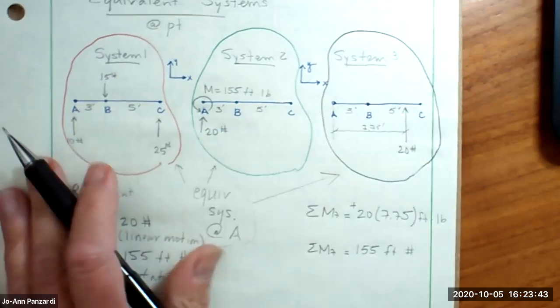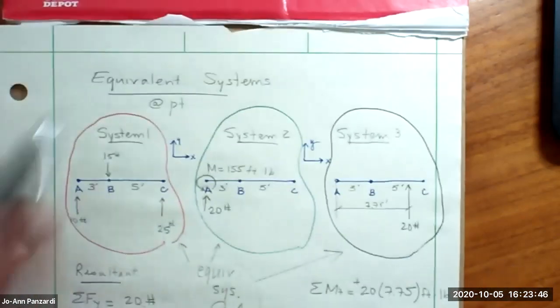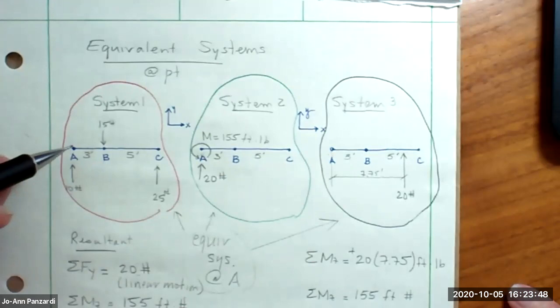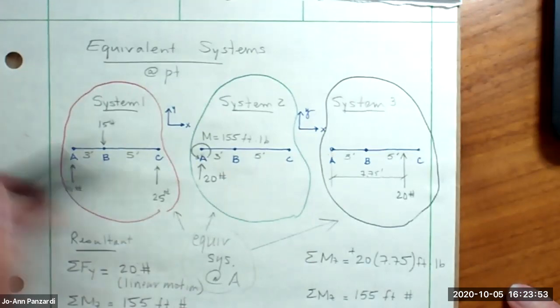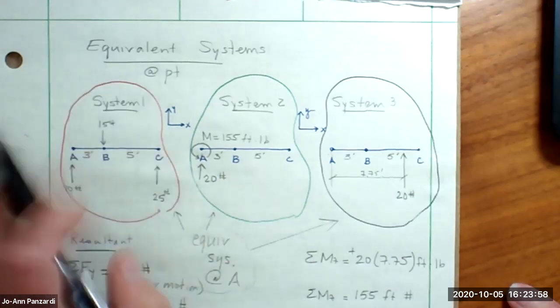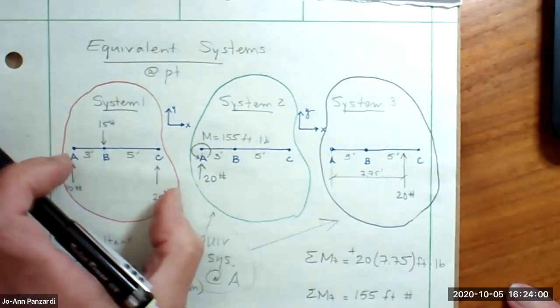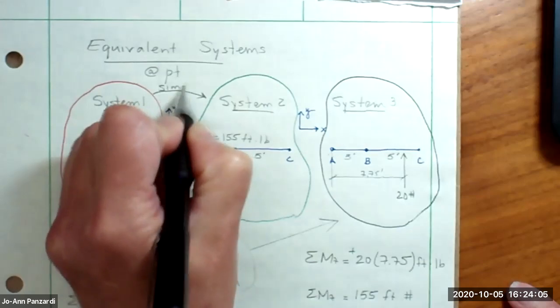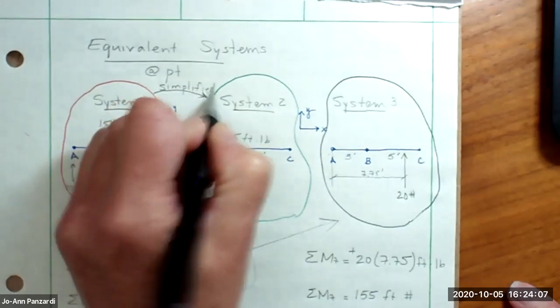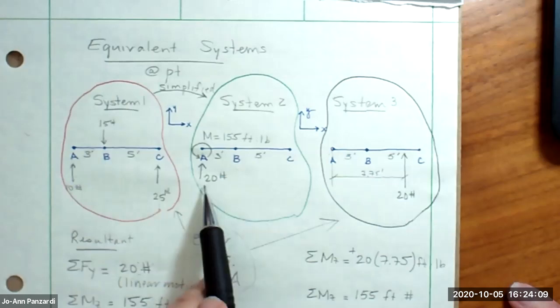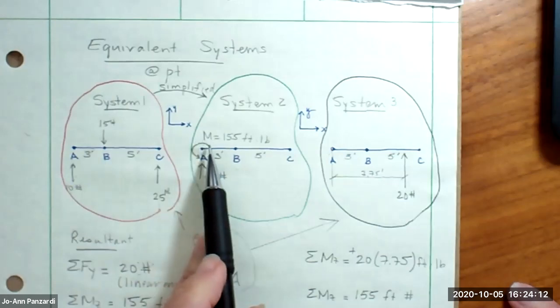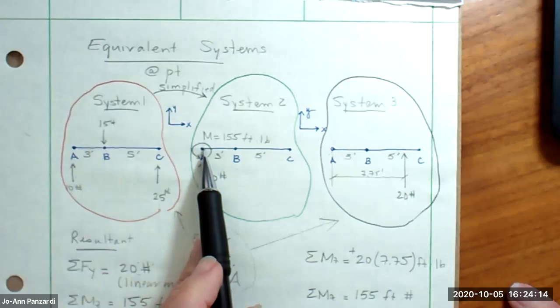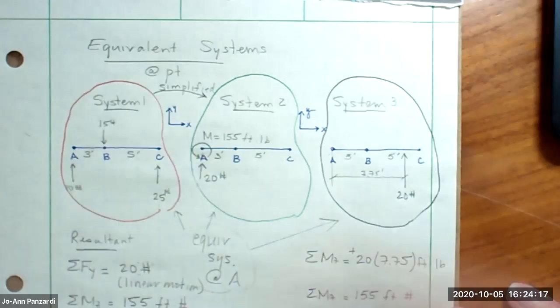Why is this important? System 1 may not be that much of a complicated problem for you. It's only a beam that's horizontal, and there are only 3 forces on it. No big deal. But in statics, we could get very complicated. What I did is I took this and simplified it to an equivalent system where I only have one force and one moment causing the same exact condition at point A. And this is the same thing.